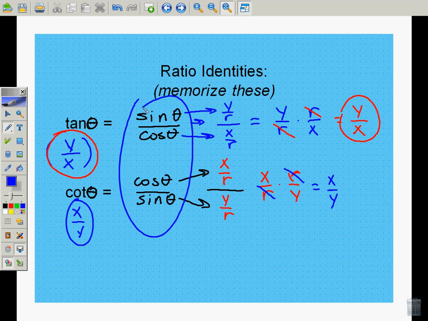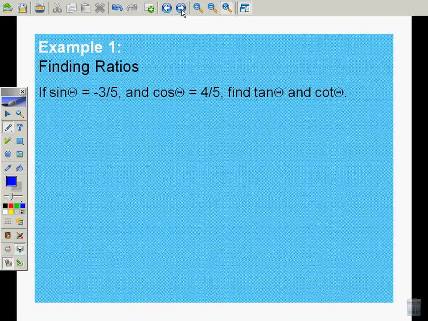Okay, so what else can we do with this? We've got a problem here, and we're going to find some trig ratios, but we're going to do it a little bit differently than we've been doing, because we can say the essence of what we want can be found without much calculation. And so if we want to find tangent of theta and cotangent of theta, let's recall for a minute.